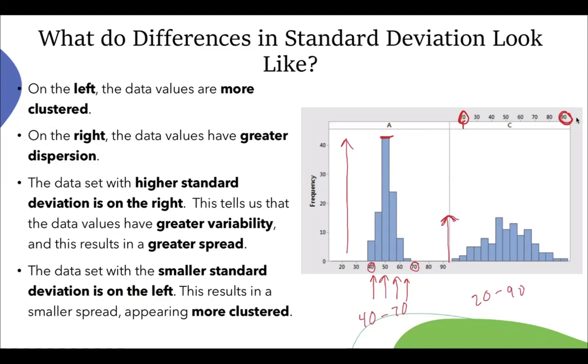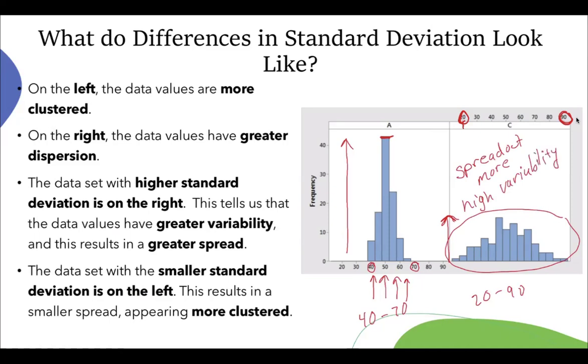We're going to say when we see a difference like this, we have a higher standard deviation on the right. Now, higher standard deviation means that we have greater variability. So things are more spread out when we have higher variability on the right here.